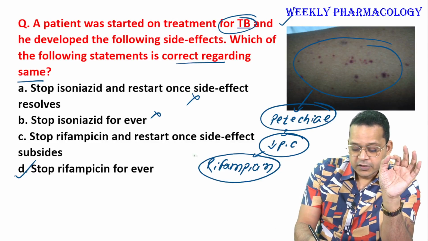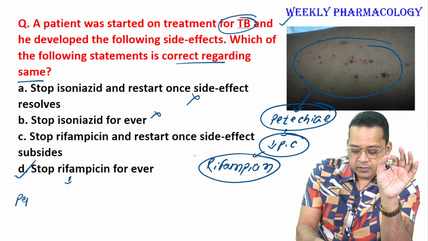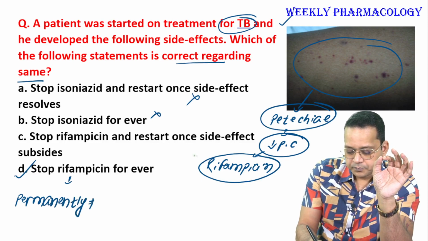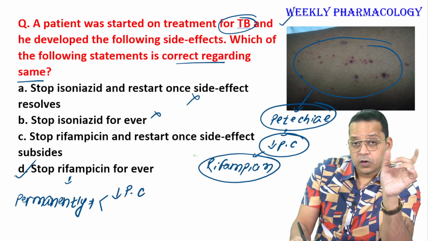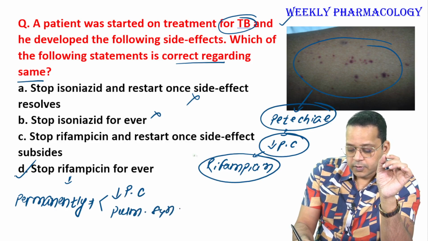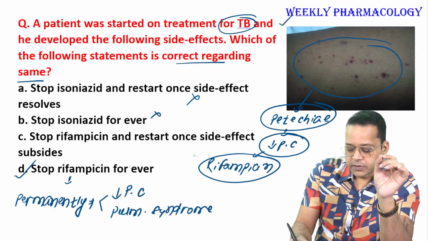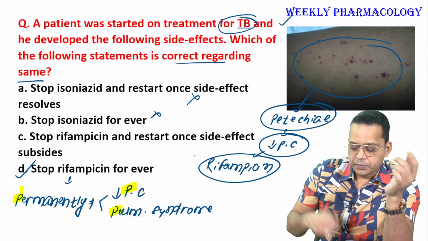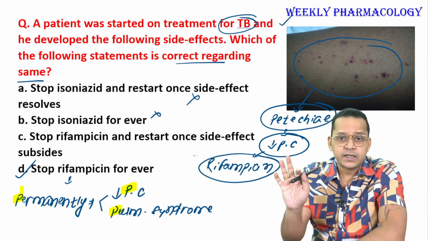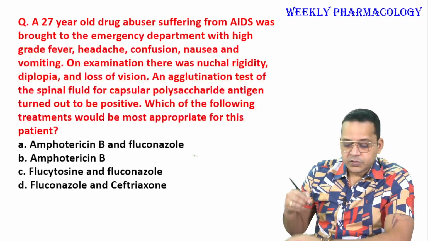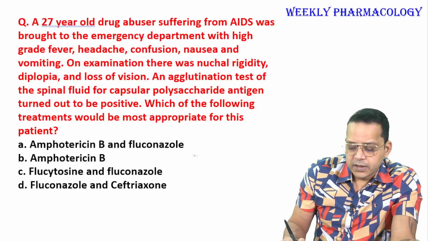So, stop rifampicin permanently for two things: if there is a decreased platelet count or thrombocytopenia, plus if the patient has a pulmonary syndrome. So remember, P for permanent, P for platelet count, P for pulmonary syndrome. So that is my answer, guys. This is not a difficult one. Now moving on to the next question, a clinical case I made for you guys.